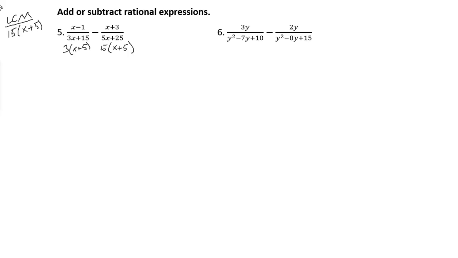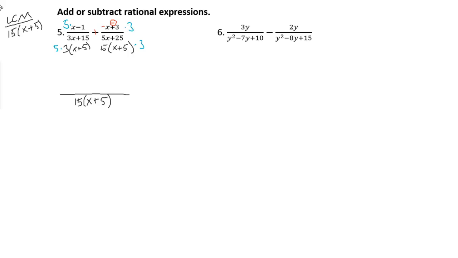So I'm going to move this up and make this negative and this negative. So I'm less likely to make a mistake when I'm multiplying. So now I have on bottom, I have 15 times x plus 5. And so I need to multiply this side by 5 and 5. And I need to multiply this side by 3 and 3.